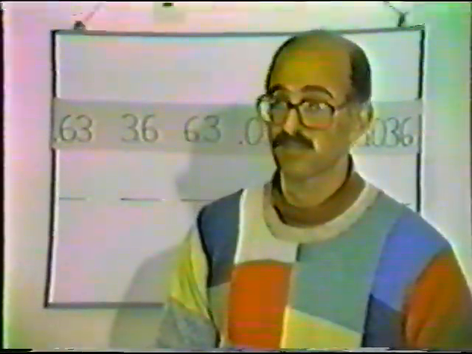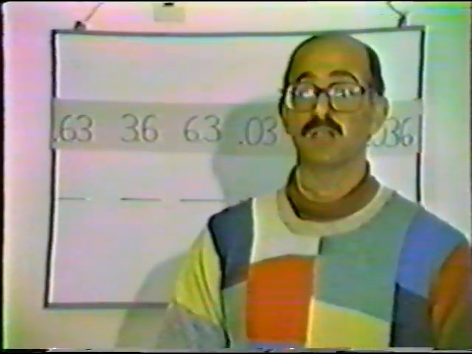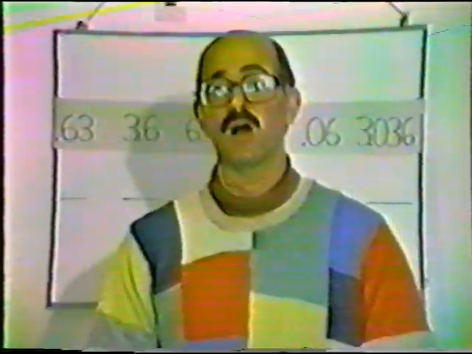Here's another set of 6 numbers for us to put in order from smallest to largest. Are there any numbers there that are more than 1? Yes. This one? No. This one? Yes. Read that one. 3 6/10.